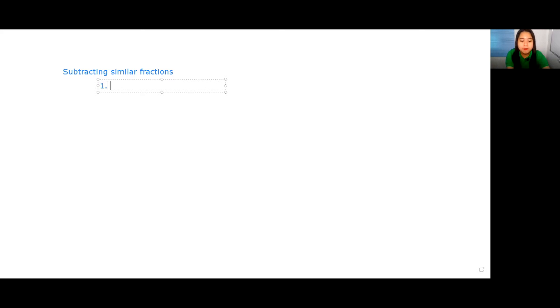So number 1, or the first step, is to look at the denominator. And then the second step is, when the denominators are the same, you have to copy the denominator.